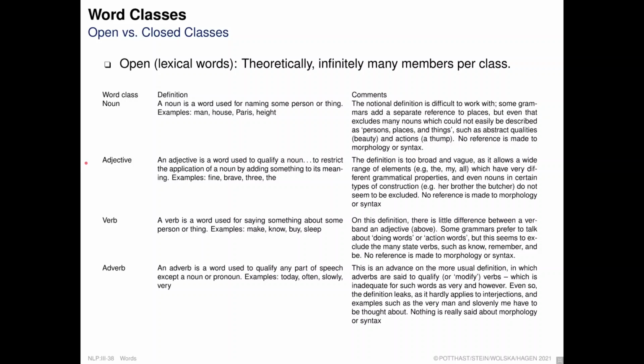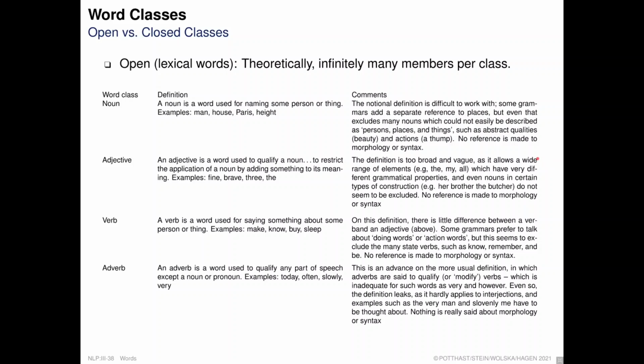Adjectives are words used to qualify a noun in a way or restrict the application of a noun, restricting the meaning of a noun by adding something to its meaning. Examples are obvious for adjectives, I hope. Again, the comment here says this definition is very broad and vague.